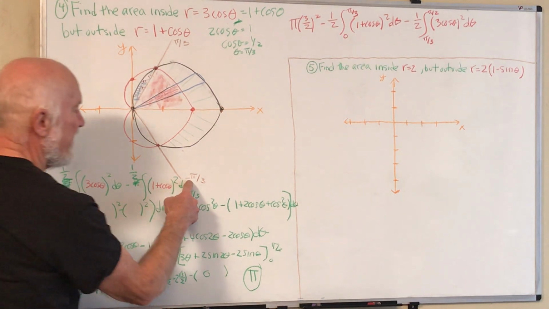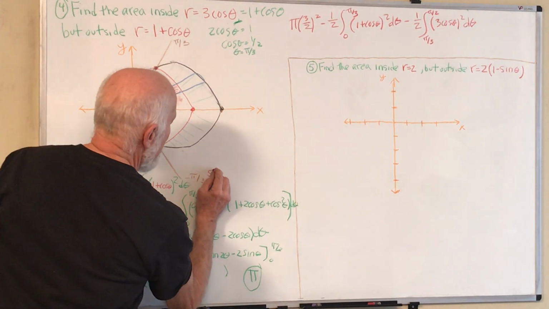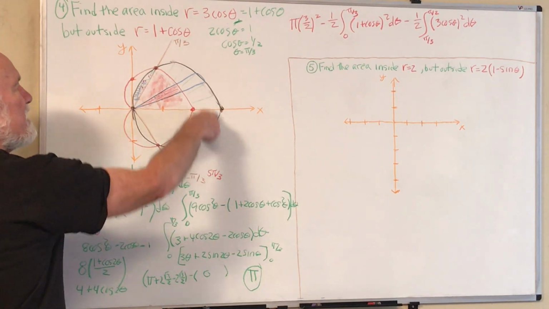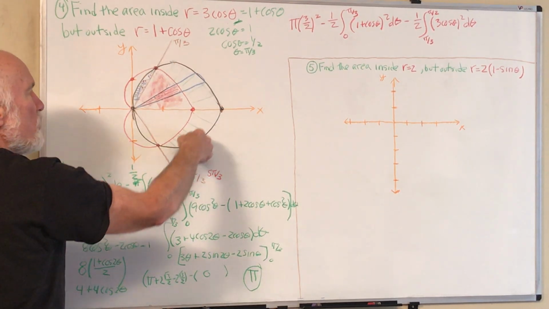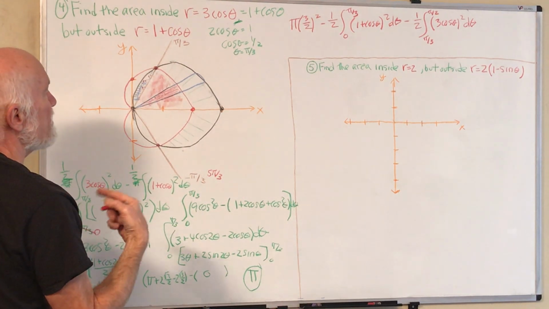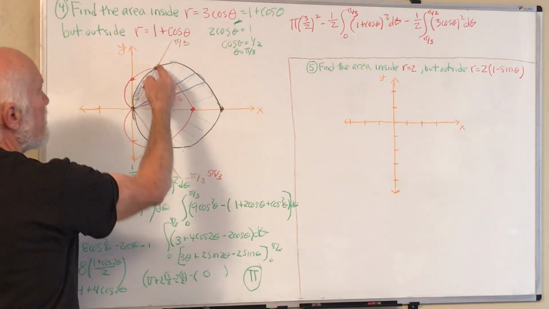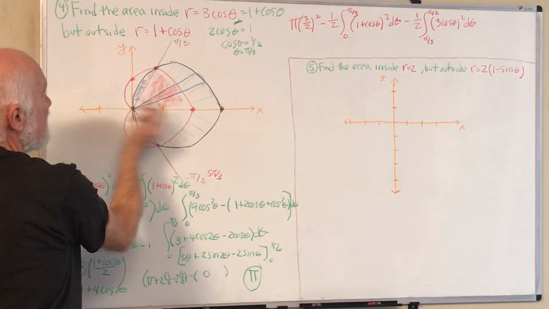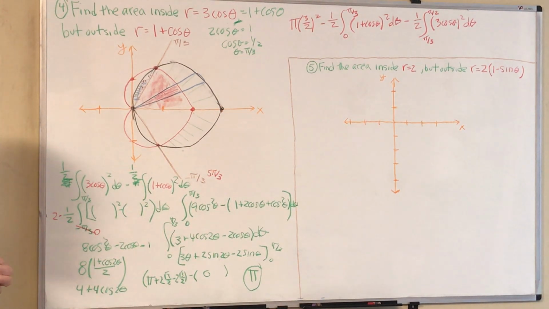If I called this 5 pi over 3 and went from 5 pi over 3 to pi over 3, it wouldn't go in this direction. It would go from a smaller number to the larger number. So it would actually go this way, and you wouldn't get the slices of pie you're looking for. So there's certain things you have to be careful for in polar.